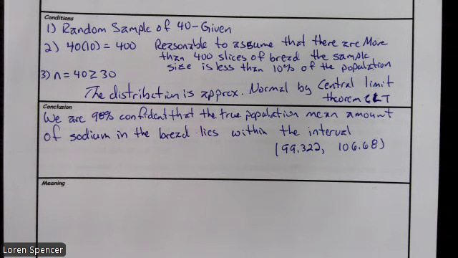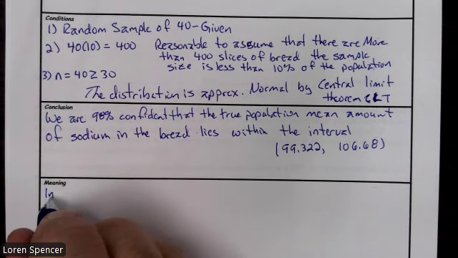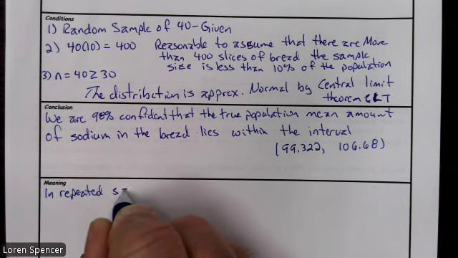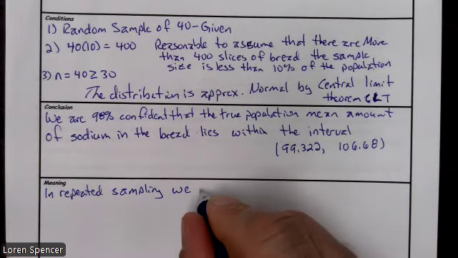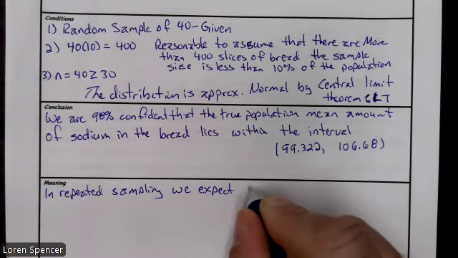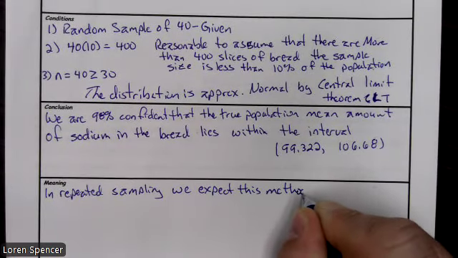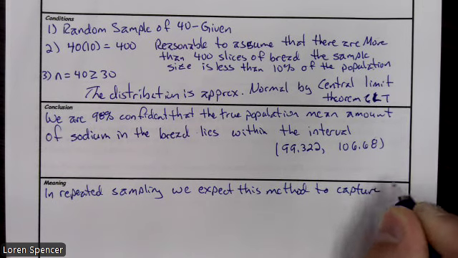All right. The next thing, we have to explain what it means by 98%. Well, 98% means, hey, if we did this over and over again, we expect that this method will work 98% of the time. So in this case, we're going to say in repeated sampling, we expect this method or our method to capture what?